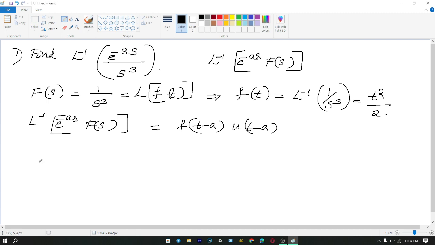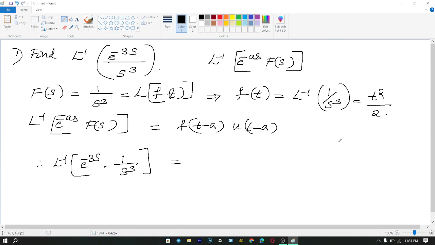So L inverse of e raised to minus 3s into 1 by s cube is equal to, what is our f of t? t square by 2. So instead of t, you have to consider t minus a. What is the value of a here? a is equal to 3.